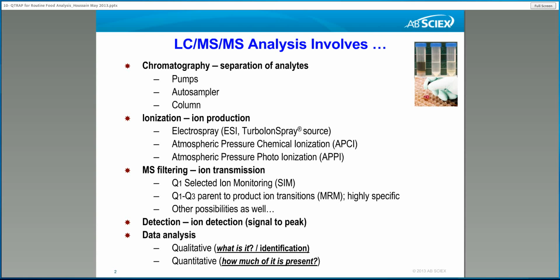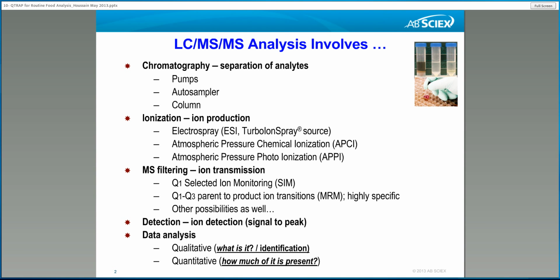And once those ions are formed in the gas phase, they will be filtered by one of the mass analyzers according to their mass to charge ratio. In screening mode, we generally use the multiple reaction monitoring method, sometimes followed by a triggered MS scan for identification. This is a typical workflow using the QTRAP LC-MS system from AB-SCIEX.